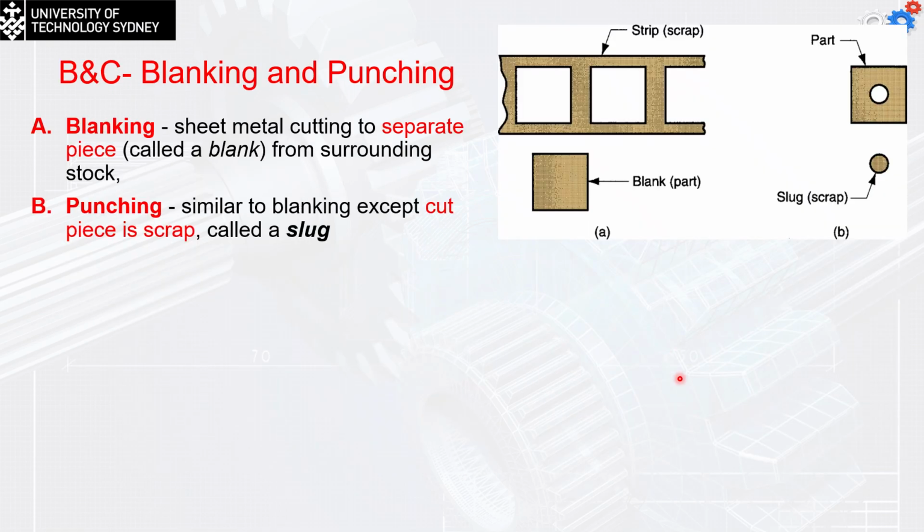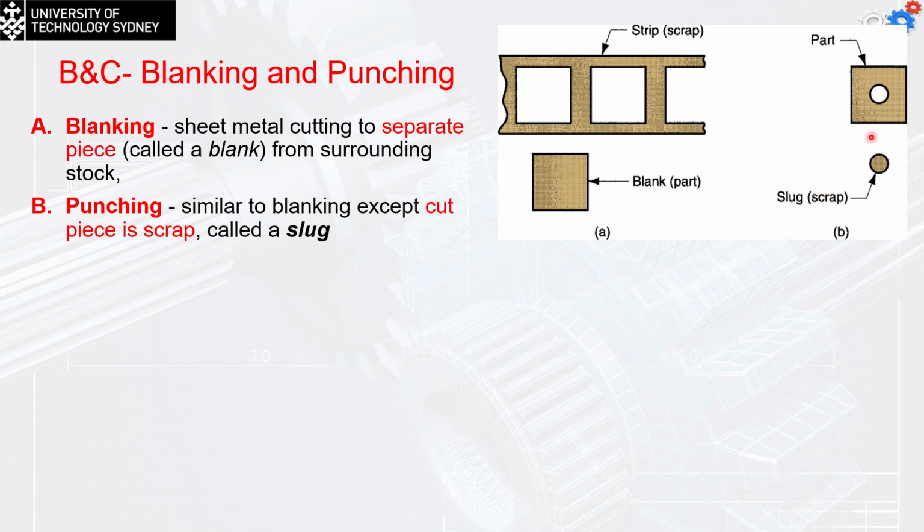The second one is going to be the blanking and the punching. They look the same, but the difference is that in the case of blanking, the one we have in figure A, the sheet metal is cut to separate a piece, which is called the blank, from the surrounding stock. This blank is going to be used later in further operations. In the case of punching, it's similar to blanking, but the cut piece is going to be scrap, and this will be called the slug.